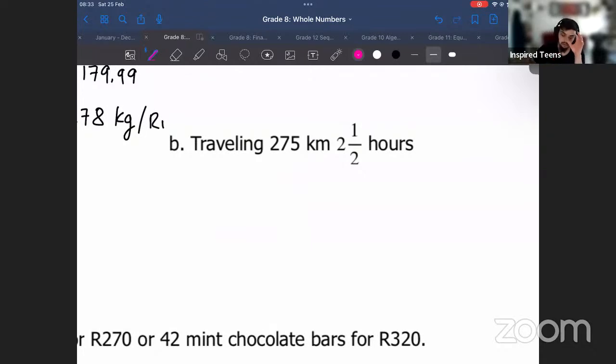Just tell me the unit divided by the other unit. Okay, good, correct. Kilometers per hour, distance per time.